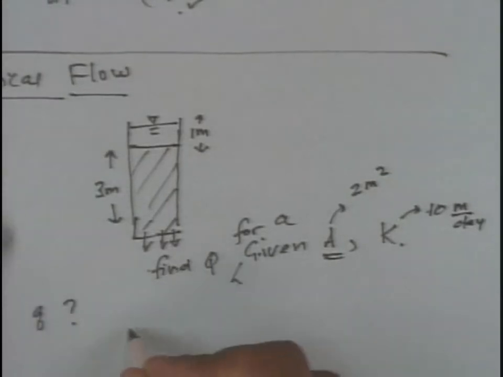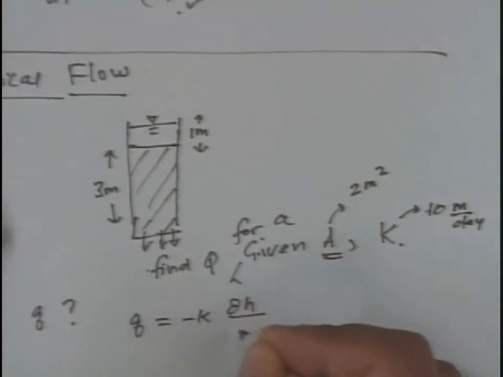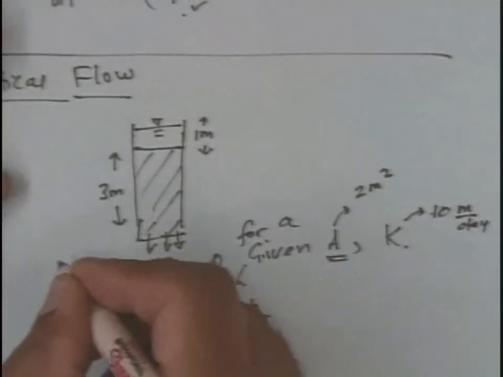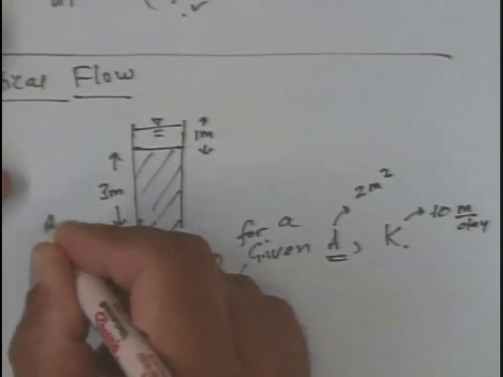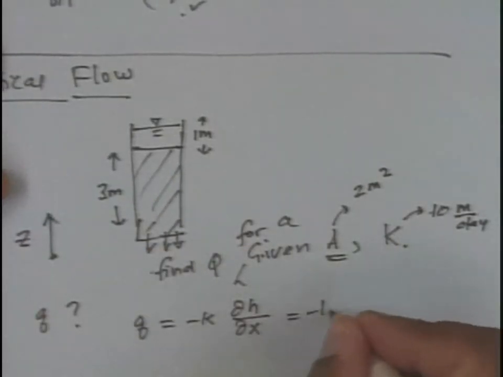What's the formula for q? q is equal to the same thing, minus K dH by dx. In this case, we're going to have a z direction. So let's assume z is positive this way. So this is equal to minus K dH by dz.